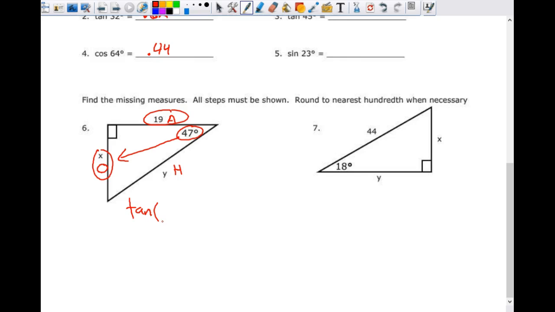Tangent of 47 is equal to opposite x over adjacent 19. Remember, when the variable's on the top, you multiply. The variable's on the top, so we're multiplying this through. 19 times tangent of 47 is equal to x.